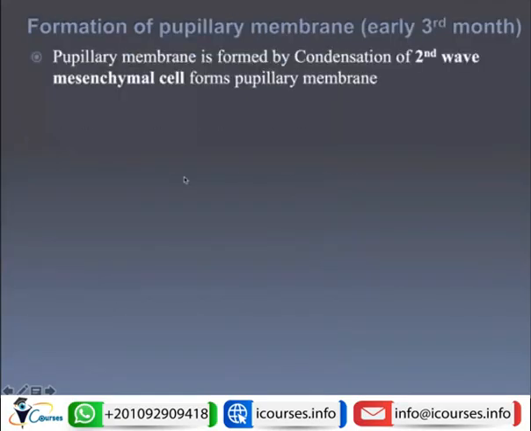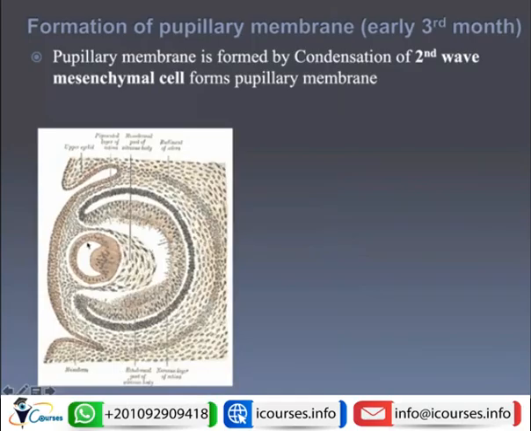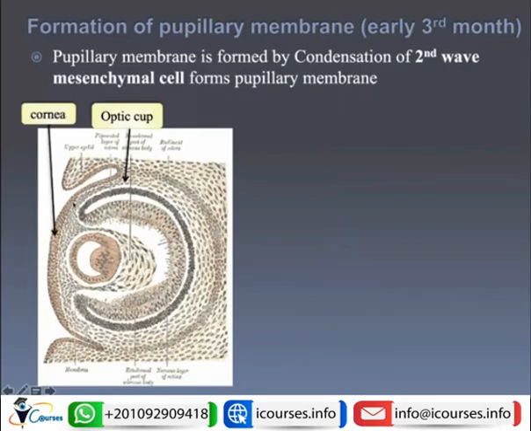So let's see. The pupillary membrane will start as condensation of the second wave of mesenchymal cells. As you can see here, this is the edge of the optic cup, here is the developing lens, and these are the mesenchymal cells in between and around the developing eye. Here is the optic cup, here is the developing cornea, and here is the developing lens.